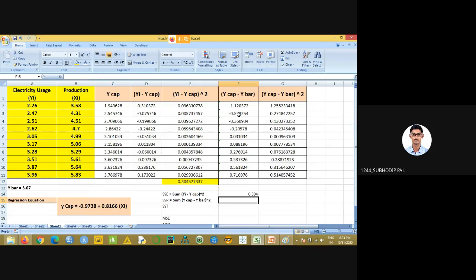So the summation of y cap minus y bar, this one, the last one, right? Equal to the sum of this one, 2.906. What is SST?